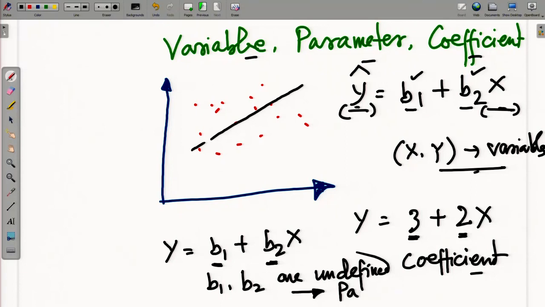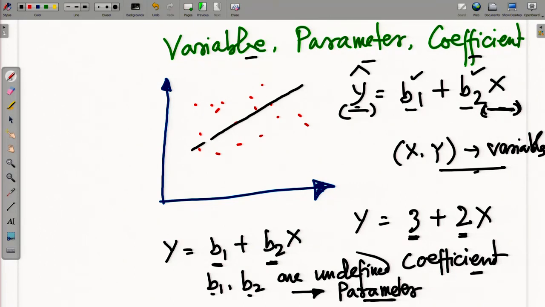So be very careful when you use these terms: parameter, coefficient and variable. As long as b1 and b2 are not defined, I call them parameters, but the moment we define them, we call them coefficients, and the variables are the units that we measure, such as change in x and how y is changing.